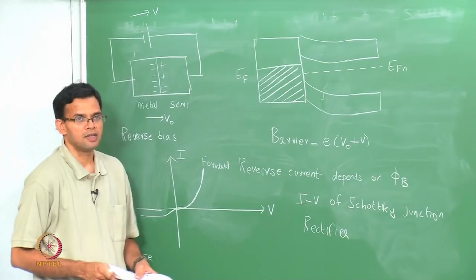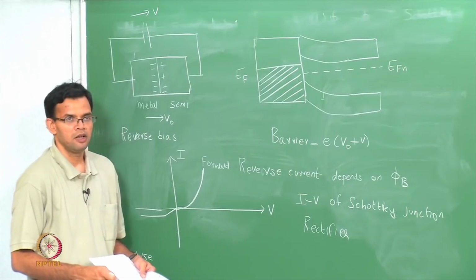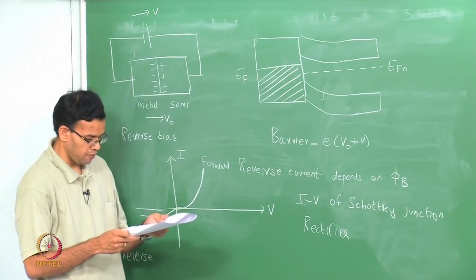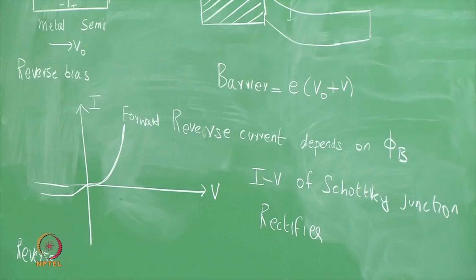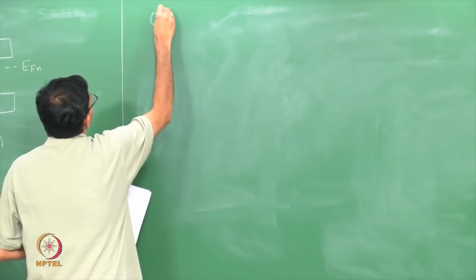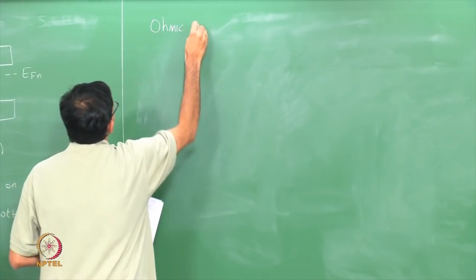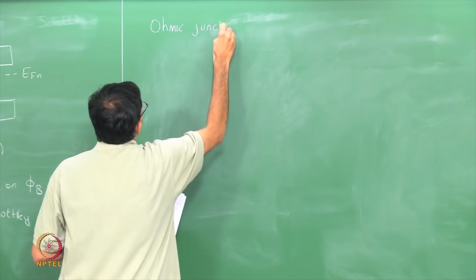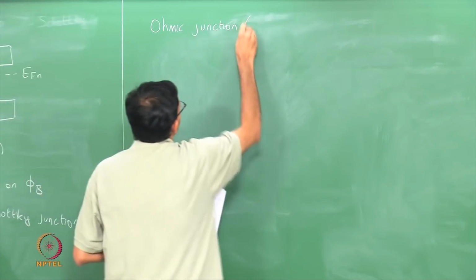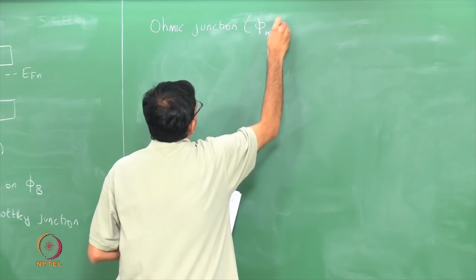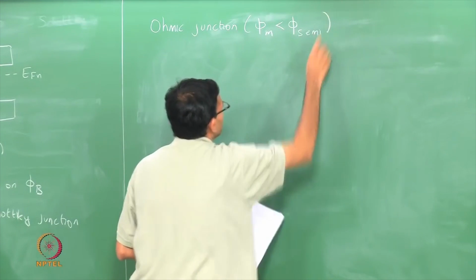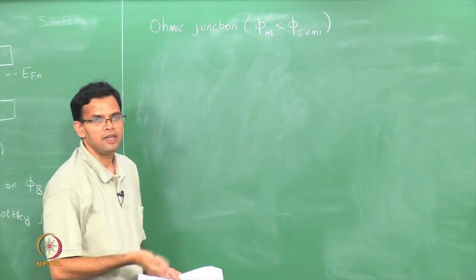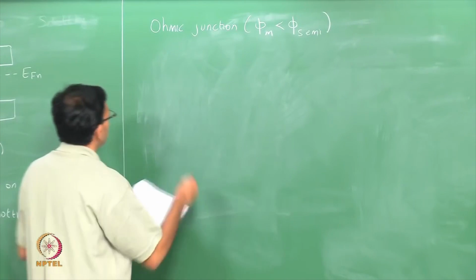So, let us next consider the ohmic junction where the work function of the metal is smaller than the work function of the semiconductor. So, phi m is smaller than phi of the semiconductor, and we will use the same n type semiconductor as an example.